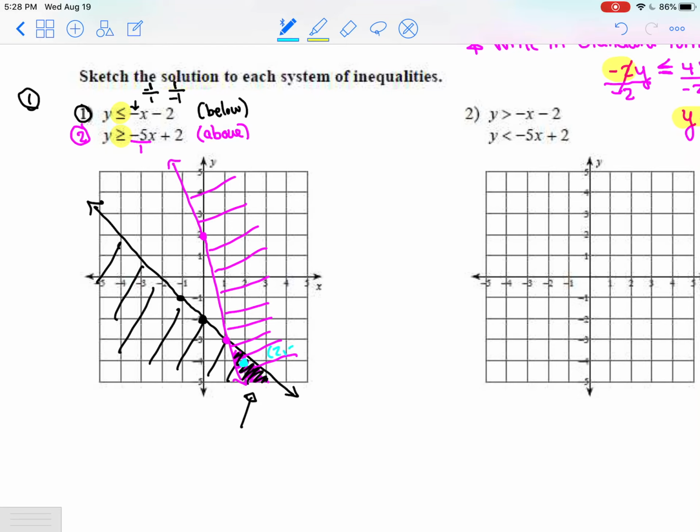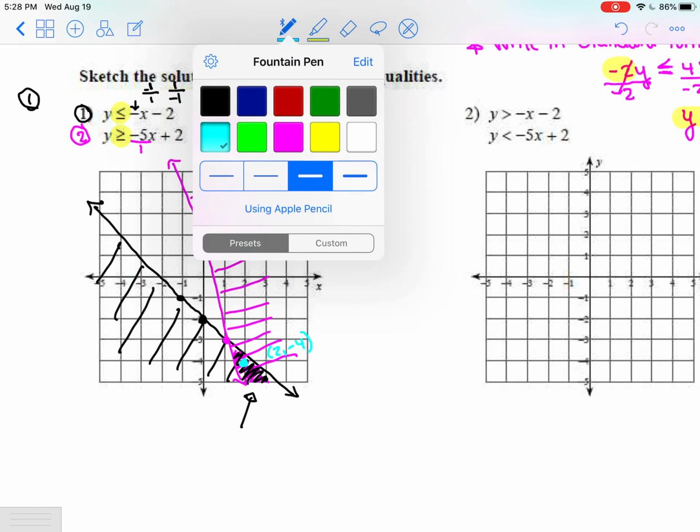Okay, so let's try 2 negative 4. Now we remember that when we have a system of inequalities, it has to work for both, right? I could try it in one and it could work, but if it doesn't work in both, then that's a problem.